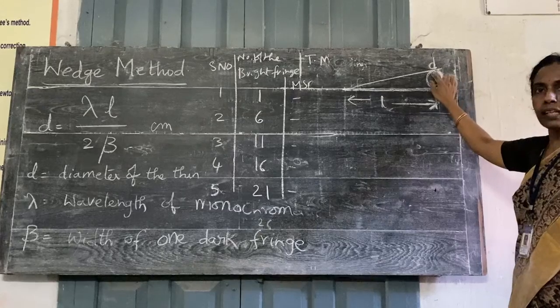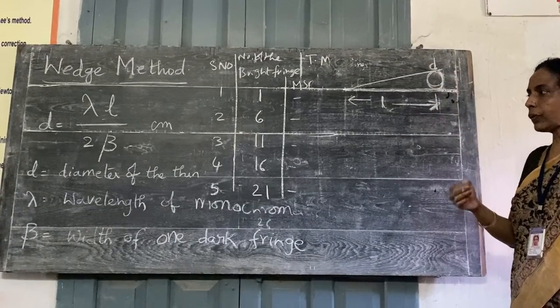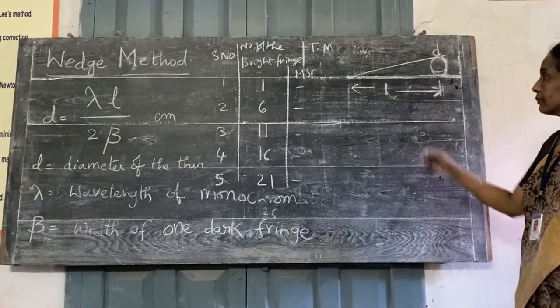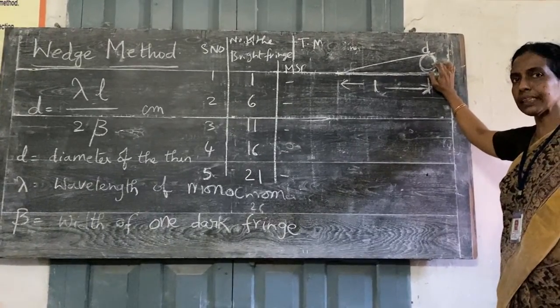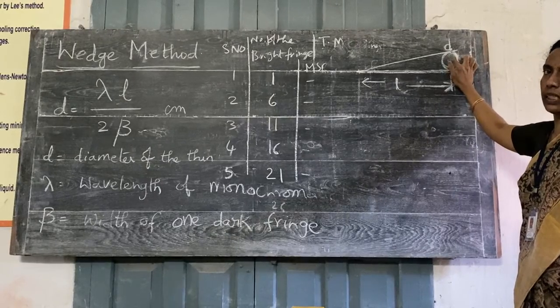This circle is nothing but the thin wire. What we are going to determine is the diameter of that wire, which is represented by this circle.